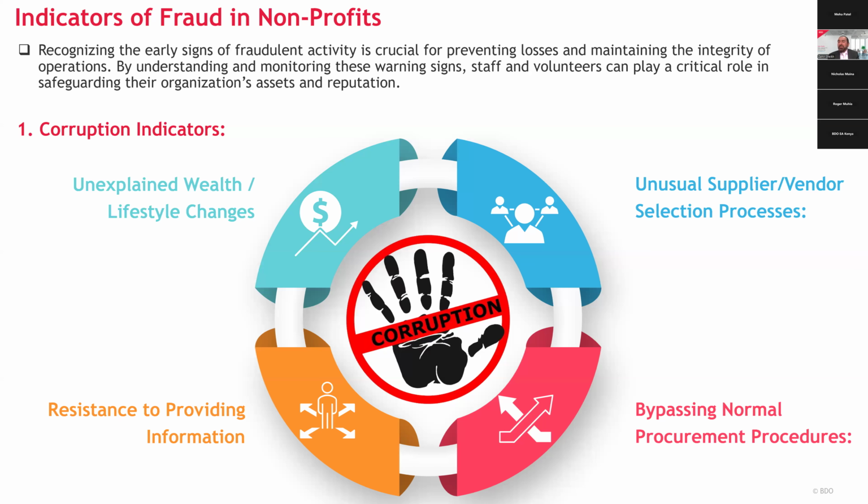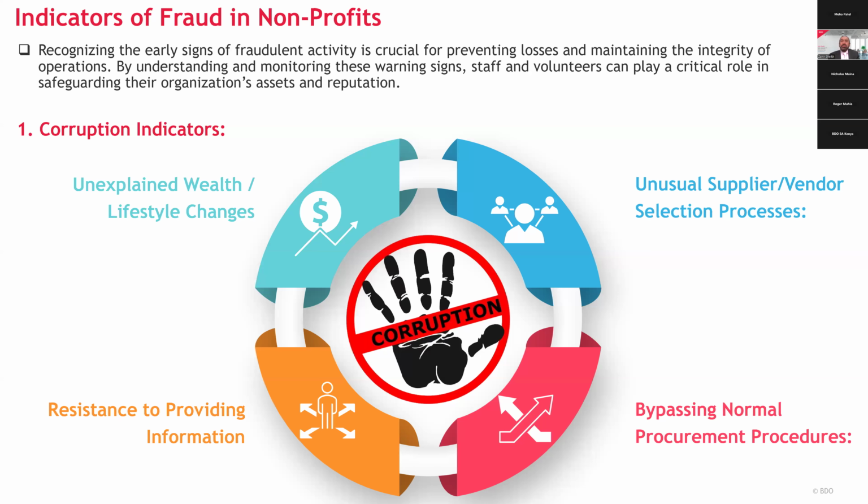This might manifest as consistently vague explanations, or unwillingness to allow the review of documents by auditors or other internal controls. If you find it's taking time to get information, things which obviously should be there are not being provided, then it should be a red flag.